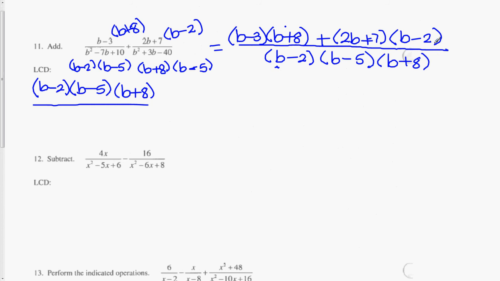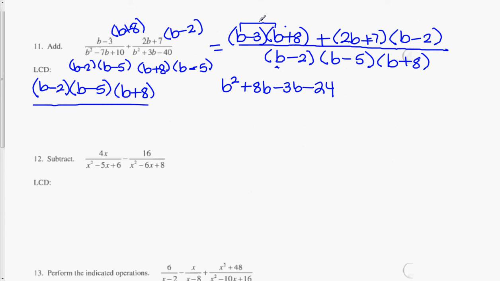Now, hopefully you remember that when we multiply out two binomials, we have to FOIL them. So that's going to give me a b squared plus an 8b minus a 3b minus 24. That's the first FOIL one.